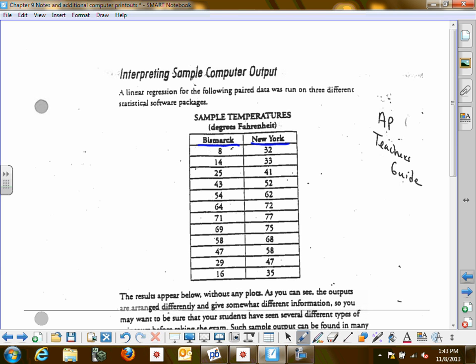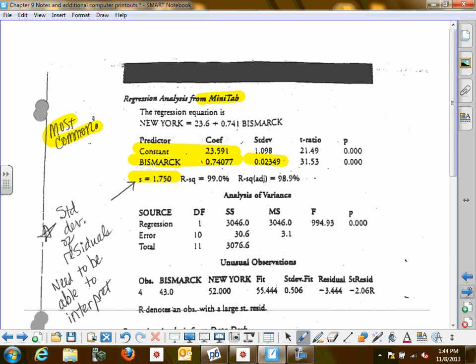So, if we have a residual plot, what does this line right here represent in a residual plot? Predicted. Not actual, but predicted. Very good. So this represents the predicted, and in context, this is going to be the predicted New York temperatures.